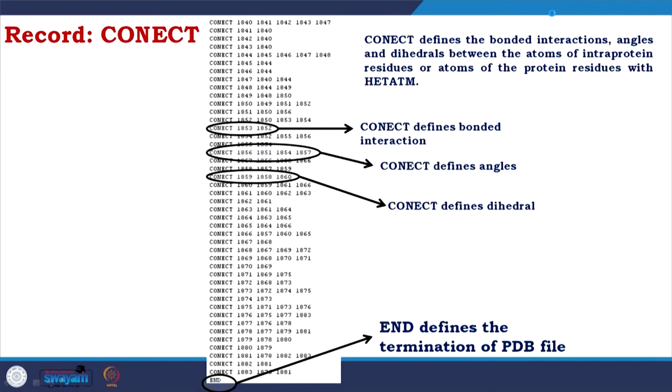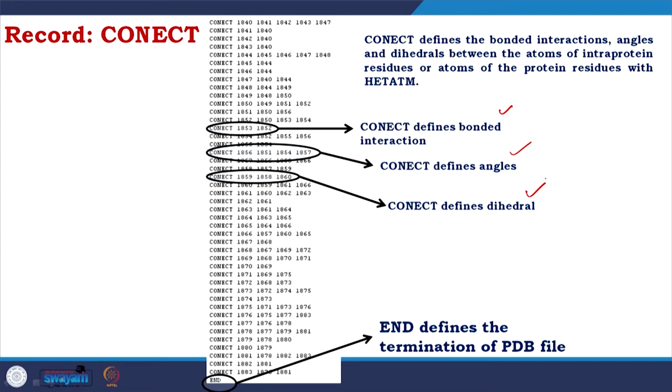Then comes the record called CONNECT. CONNECT defines the bonded interaction, angles and dihedrals between the atoms of intra-protein residues or atoms of the protein residues with heteroatom. But when I am showing you this, it is good for you to learn, you do not have to learn them.